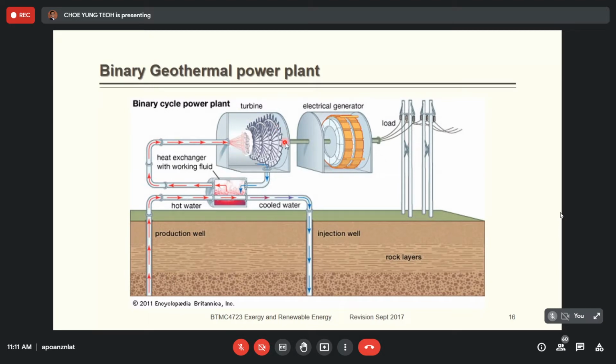Okay, after you run through the turbine, we need to condense the steam together with all the gases. But because this steam is mixed with the non-condensable gas, you are not able to fully condense all the gases into liquid form. So in that case, the pressure created by the system will be relatively low.